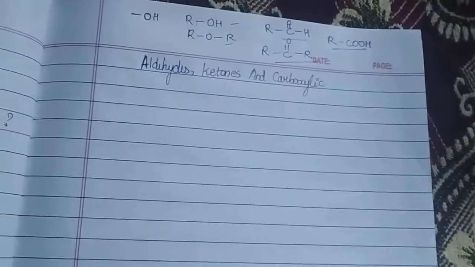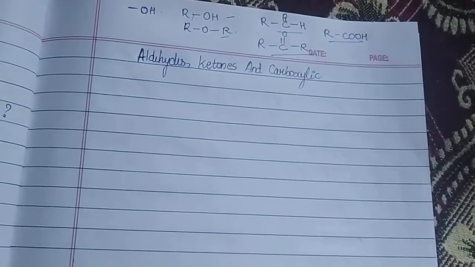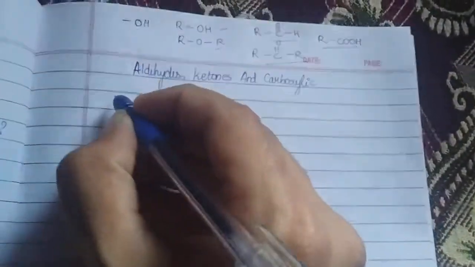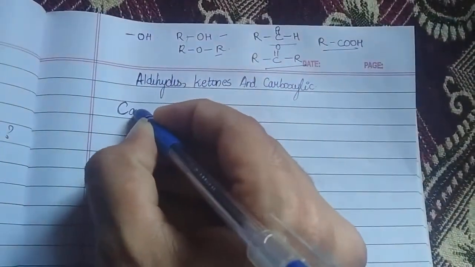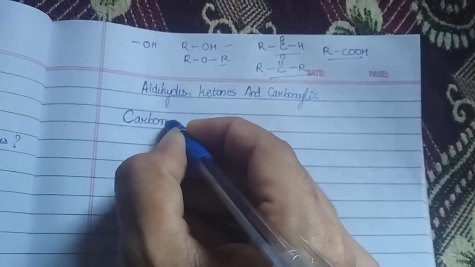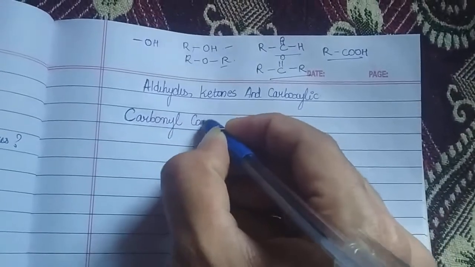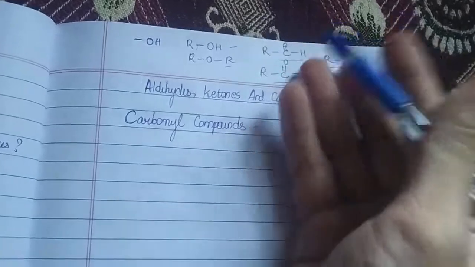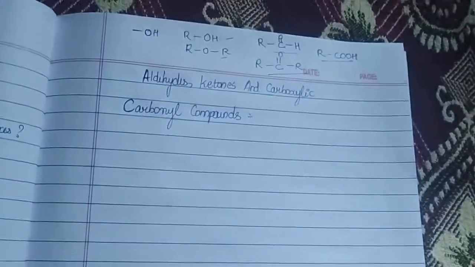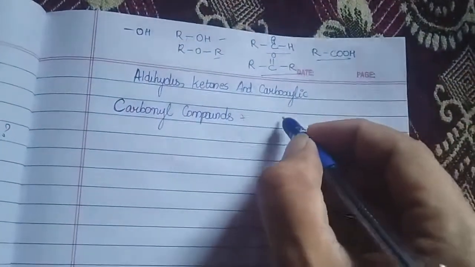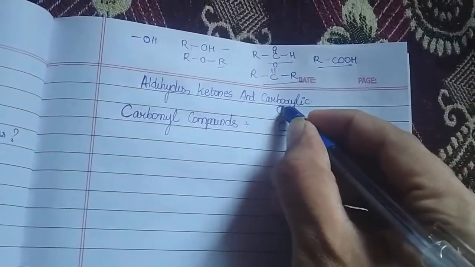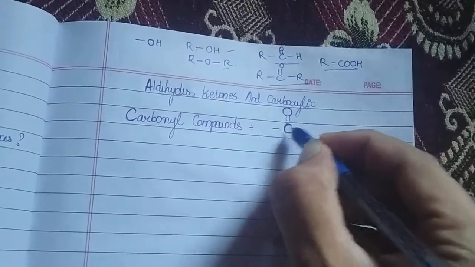Very good. Basically, in this chapter we are going to deal with a major important concept called carbonyl compounds. What is that? What you see in the general representation is that a carbon atom has been bonded to oxygen by a double bond.